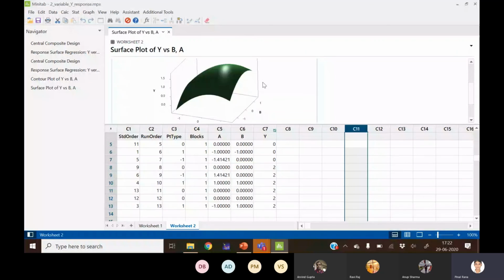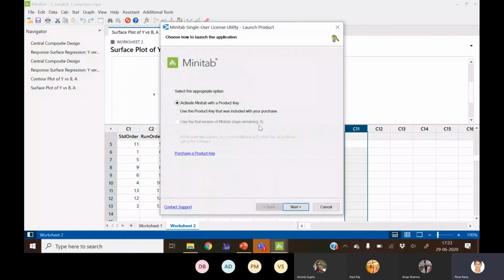Actually, I wanted to show a demonstration of the experiment that I have just explained to you. But my Minitab 90-day trial is over, so unfortunately I am not able to show you, but I will try to explain that in the next lecture.